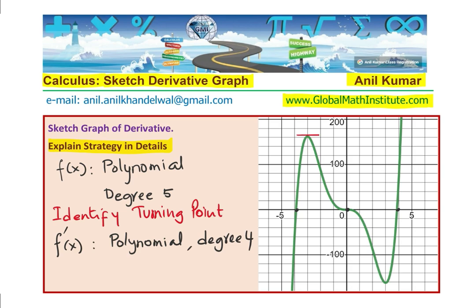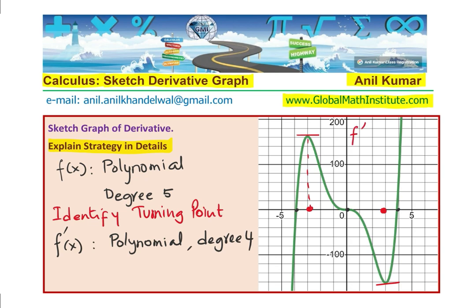Well, here we have one turning point, another one. So these turning points will actually represent a 0, right? So this turning point will be a 0 on the graph of the derivative, and this also will be a 0. So we have identified zeros from turning points.